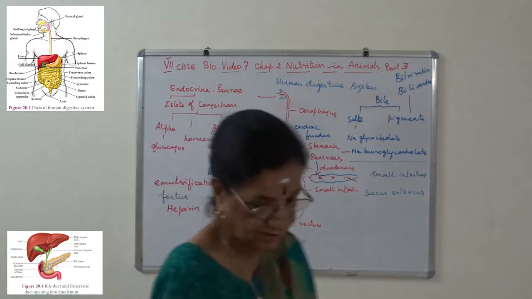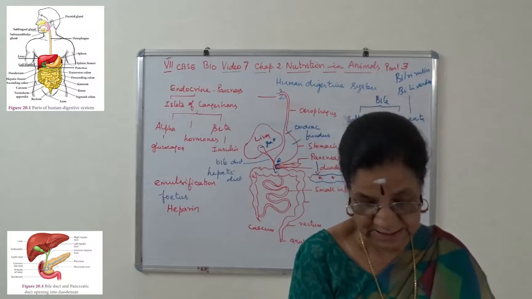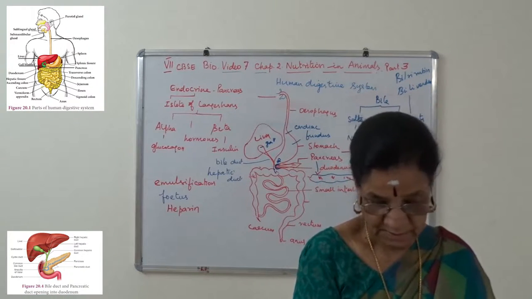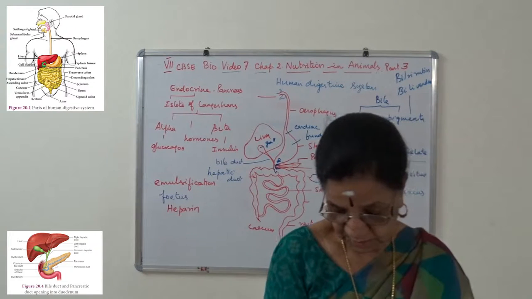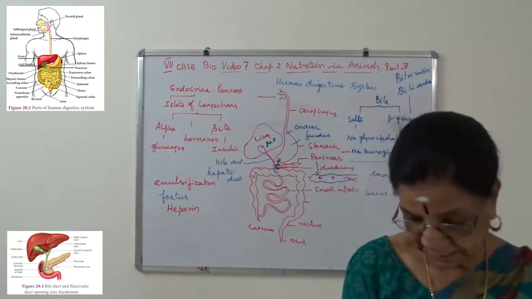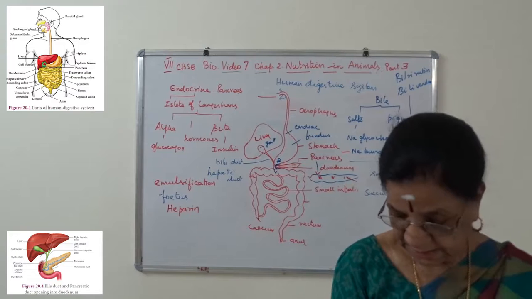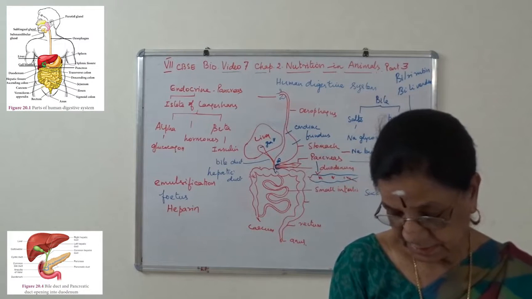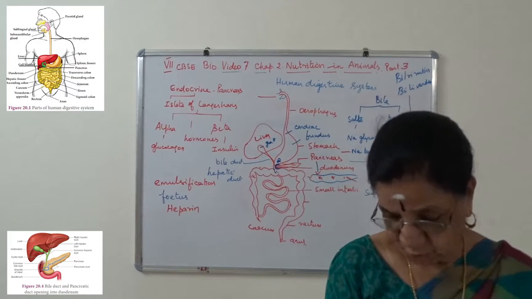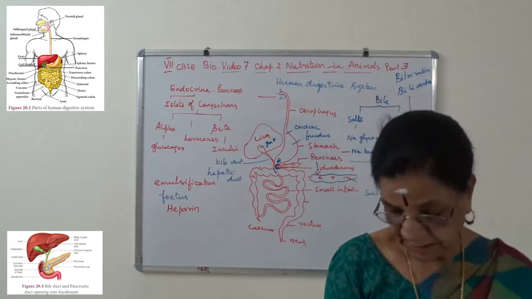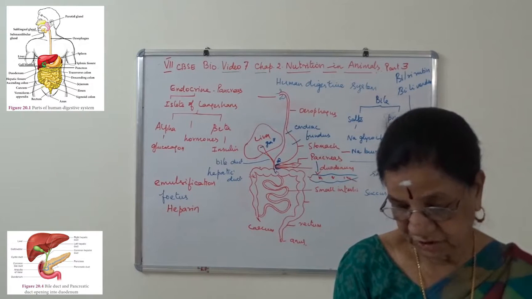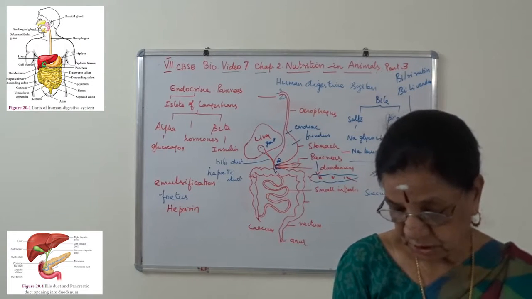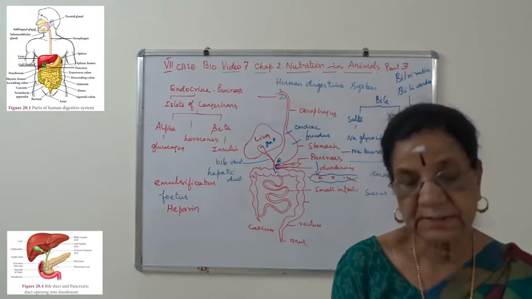It secretes intestinal juice containing sucrase, lactase, maltase and lipase. So the jejunum constitutes 2/5 of the small intestine.